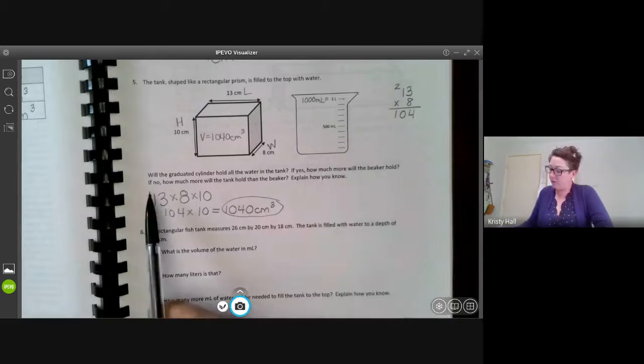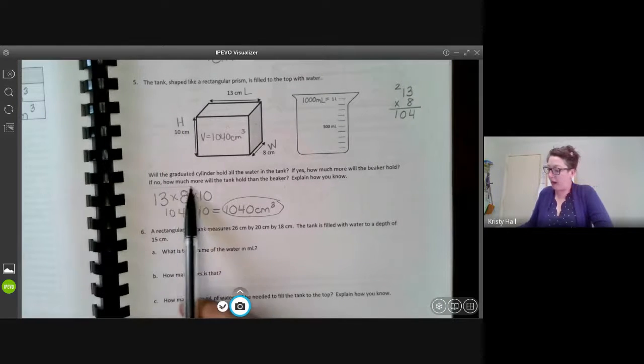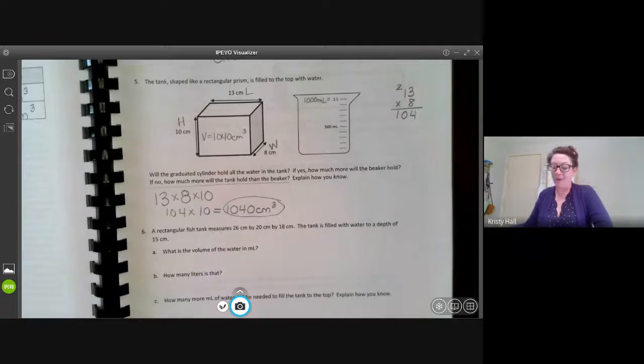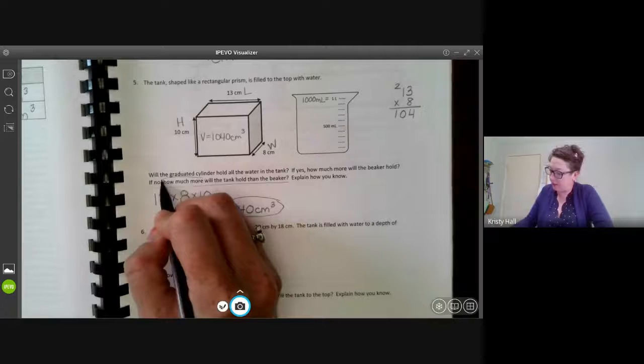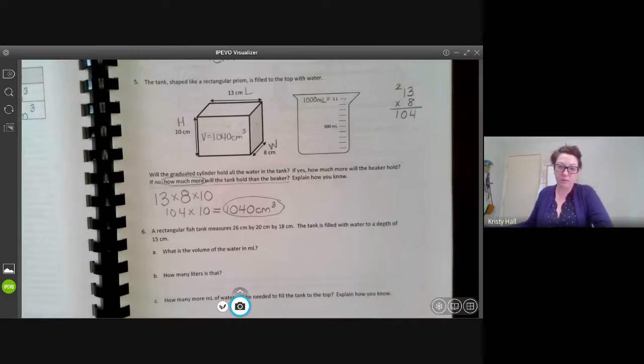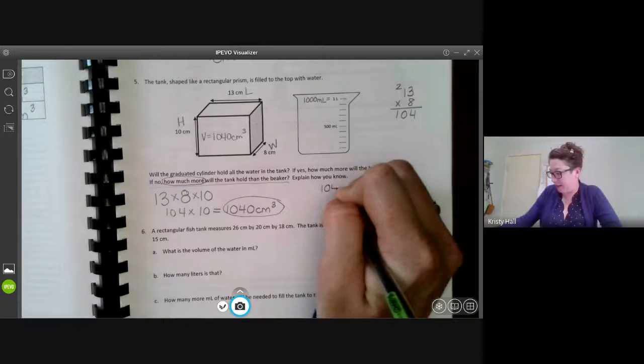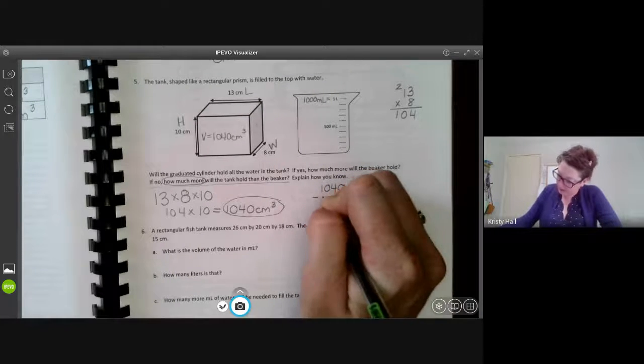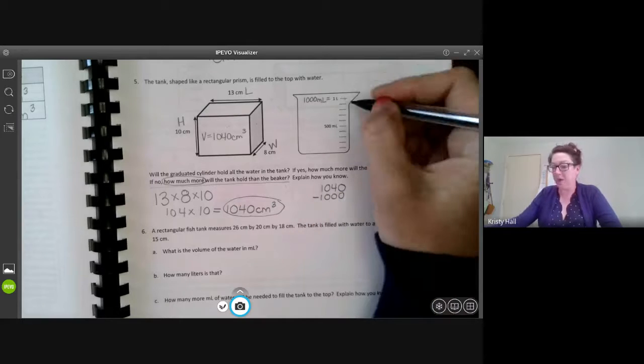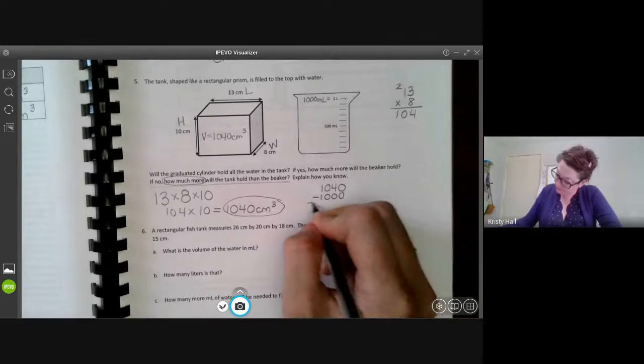So it says, if no, how much more will the tank hold than the beaker? So how much more? That's a clue that we have to do what? Subtract. Right, we're going to subtract. So we're going to subtract 1,040 minus 1,000 because the beaker holds 1,000.